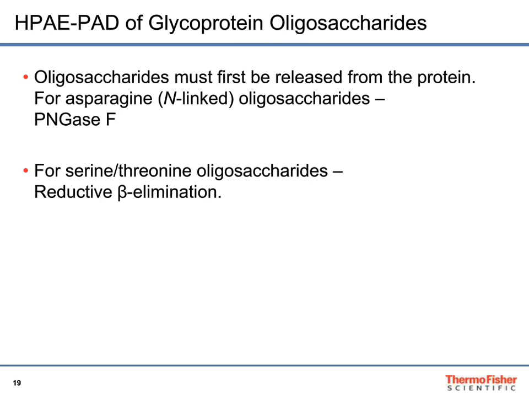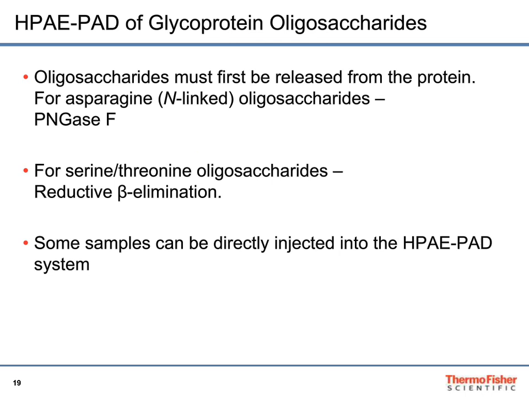For O-linked, or serine-threonine-linked, oligosaccharides, we use a chemical technique called reductive beta-elimination, which I'm going to describe in a bit. In that case, we put the glycoprotein in sodium hydroxide in the presence of a reducing agent, namely sodium borohydride. Some of the samples from those two preparations can actually be directly injected into an HPAE-PAD system, so this way we can save a lot on sample preparation.